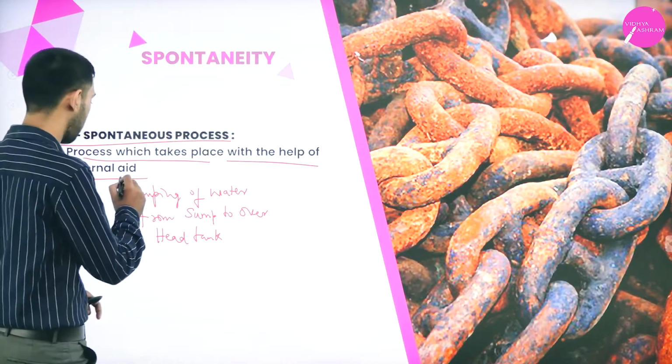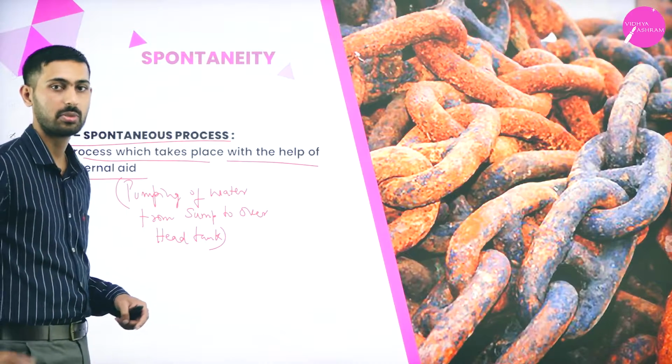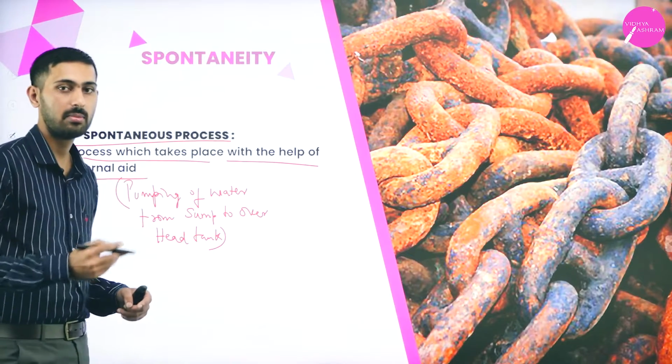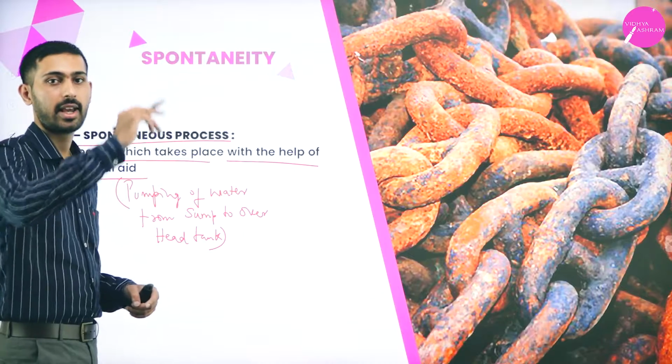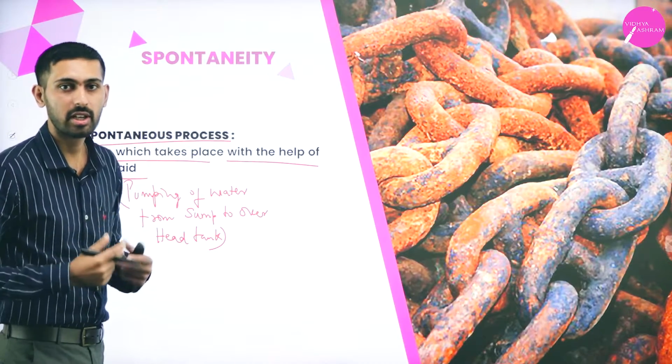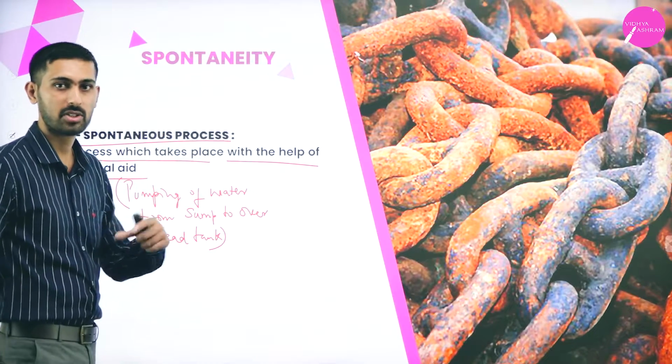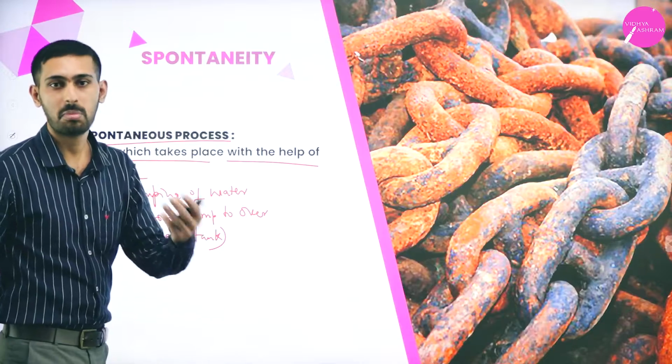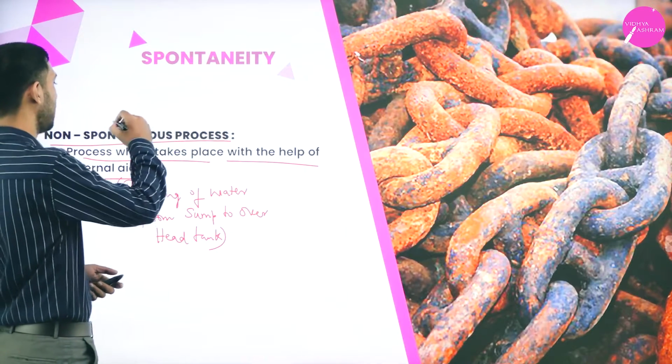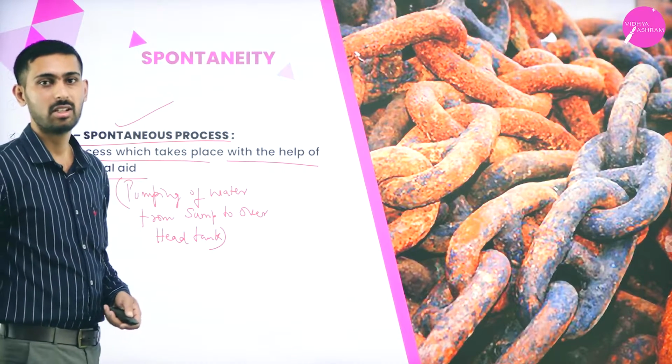This is an example of a non-spontaneous process, because we are pumping the water from sump to overhead tank with the help of some pressure and by using a pump. Here pressure is applied in the form of a pump. Did you understand? So we can say that it is a non-spontaneous process.